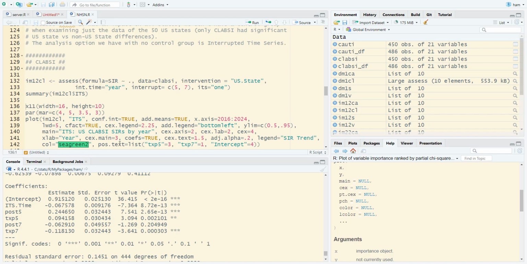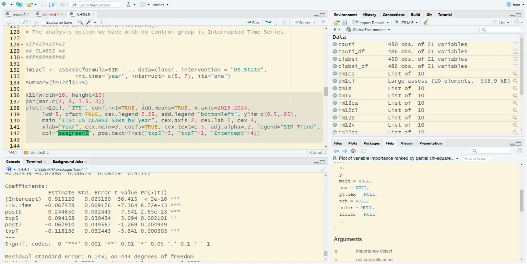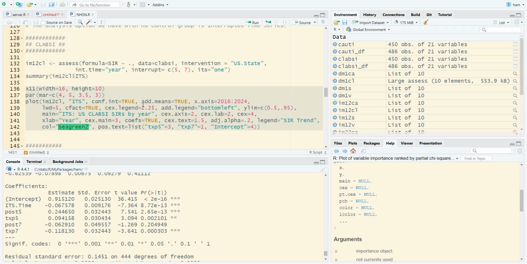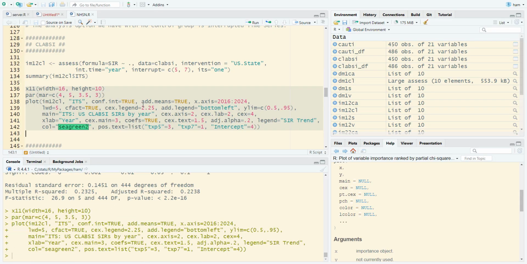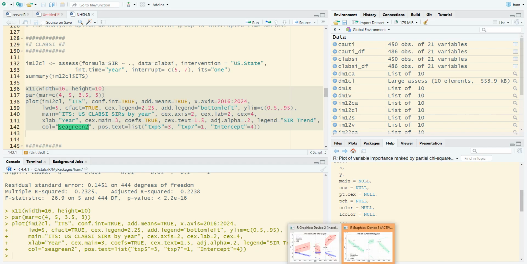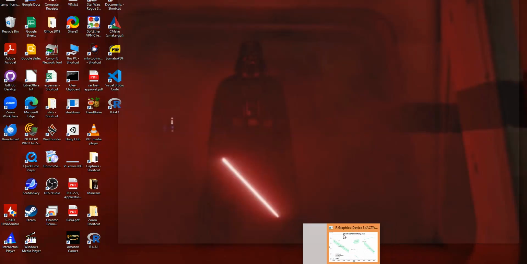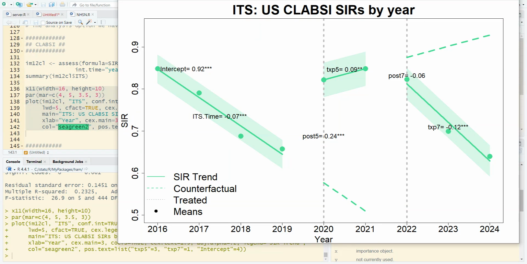For these, it's probably easier to look at the graphs. So we're going to do the graph for our first outcome, the SIR for CLABSI. Okay, so we have that here.